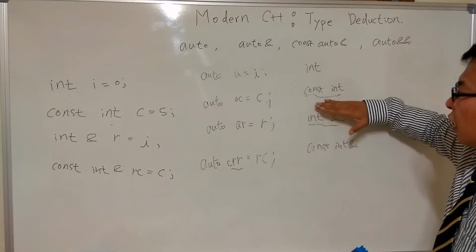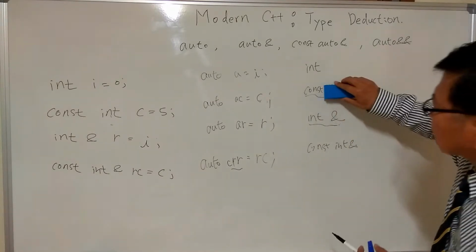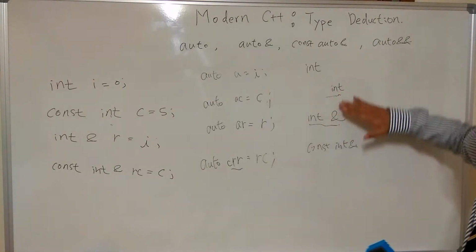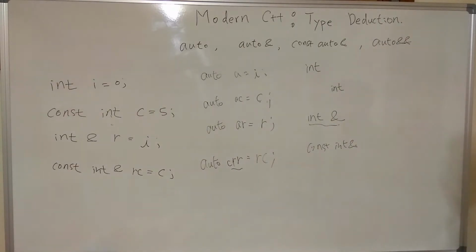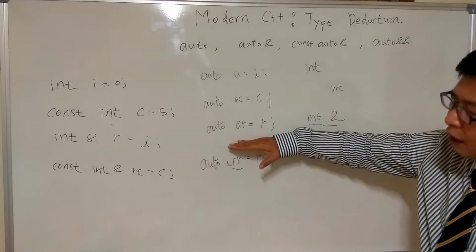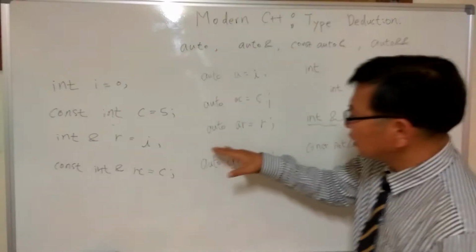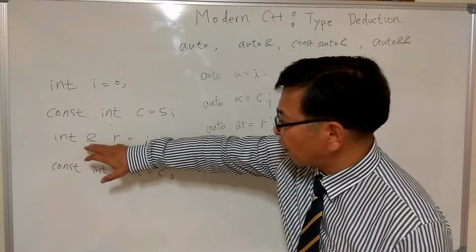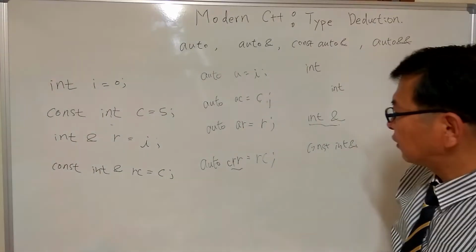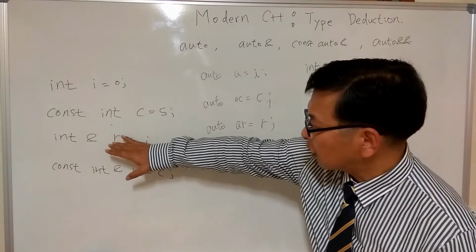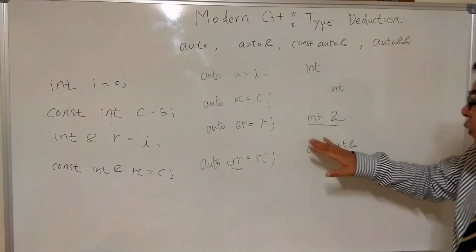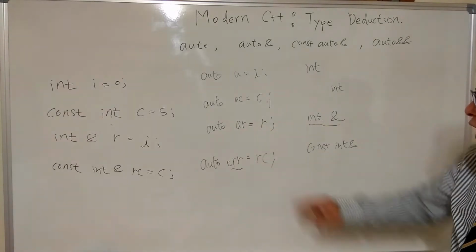But if you try this, the const goes away, just int. AC's type will be int. Now here, R is an integer reference, and AR is initialized with R, a reference type. What will be AR's type?